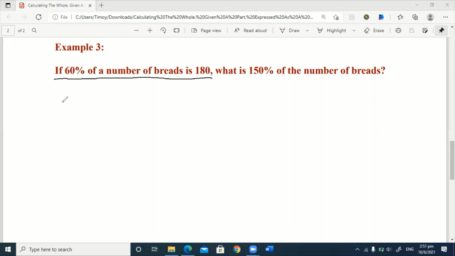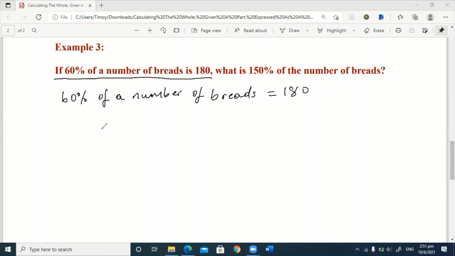We know that 60% of a number of breads equals 180. Given that we know this, how can we use this information to determine 150%?